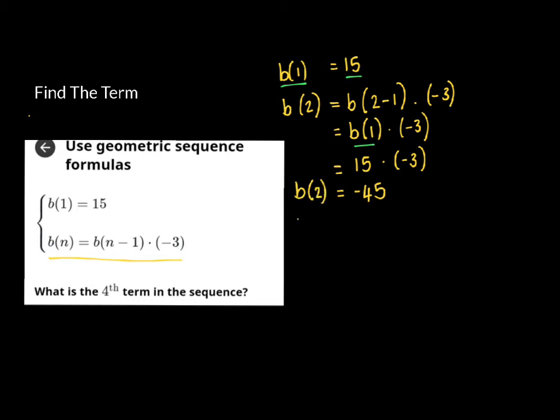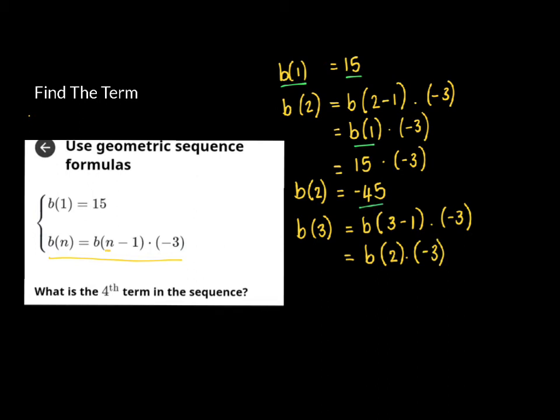Now we're going to use that same formula to find B3. What are we going to get here? B3 is equal to B of, we now know that we're going to get an N here, so 3 minus 1 multiplied by negative 3. And this is going to give us B of 3 minus 1, which is B2, multiplied by negative 3. And look, we've just figured out what B2 is.